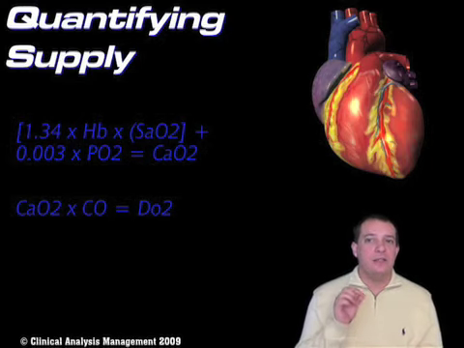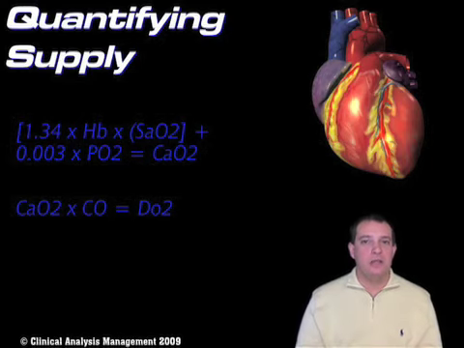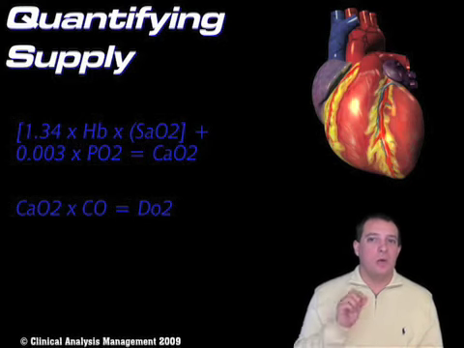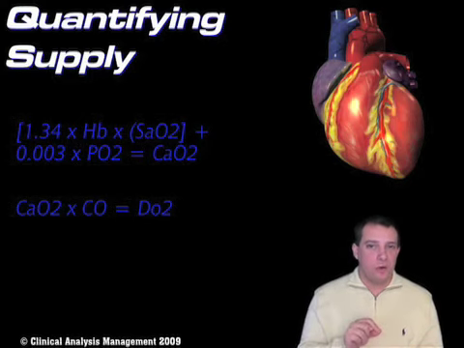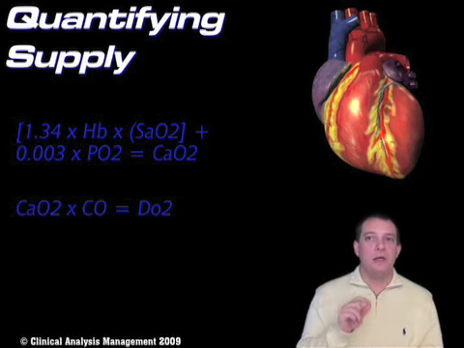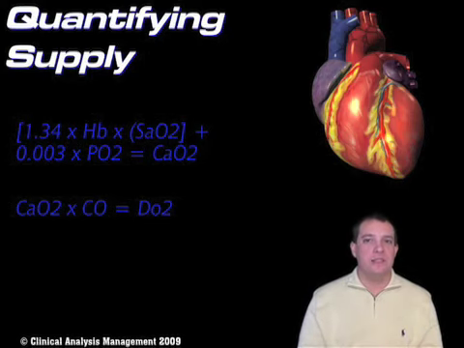The CaO2 is the content of oxygen that's in the arteries. So I'll say that formula again. 1.34 times the hemoglobin times the SaO2 plus 0.003 times the PaO2 gives us the CaO2, the amount of oxygen that's in the arterial system.